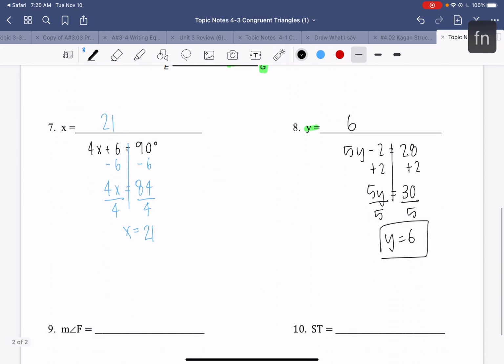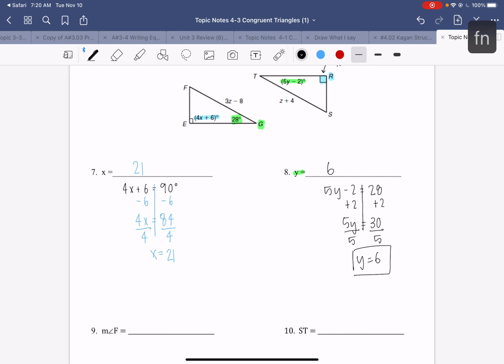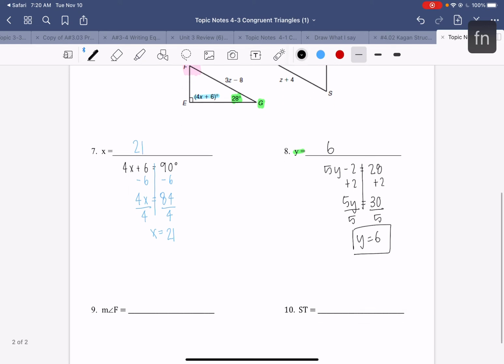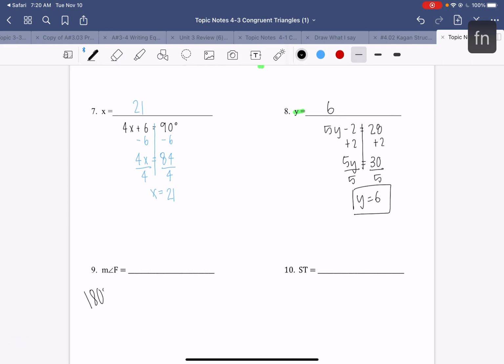Now we want to find angle F. We have to do some thinking here. Angle F is this one right here. We know that all the angles in a triangle add up to 180 degrees.